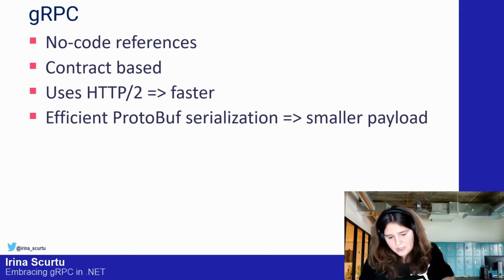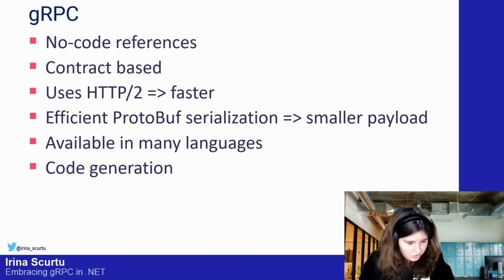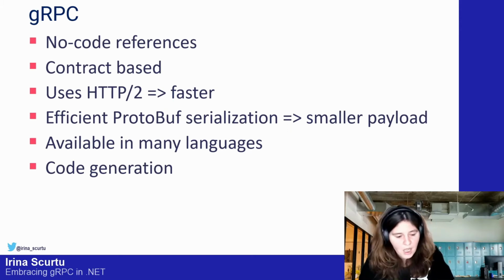And with, of course, the request over that, it will be way faster, inherently faster, even for the serialization part. And more than that, it's available in many languages. And with .NET, it will have code generation out of the box for you.